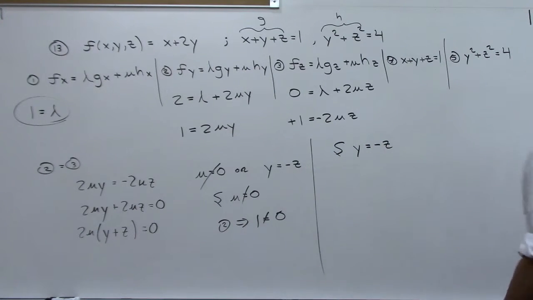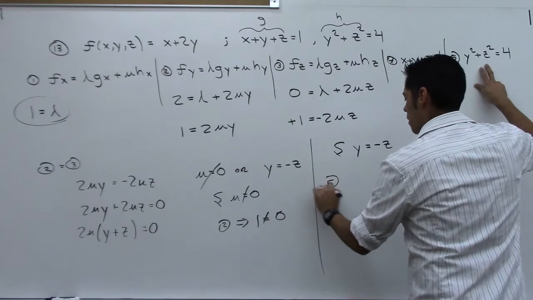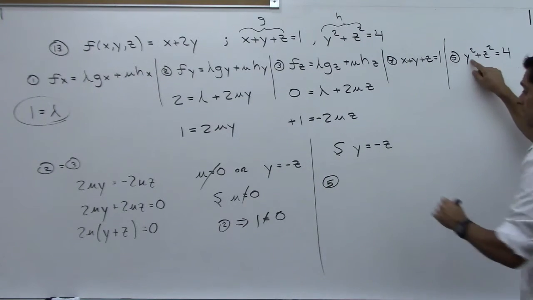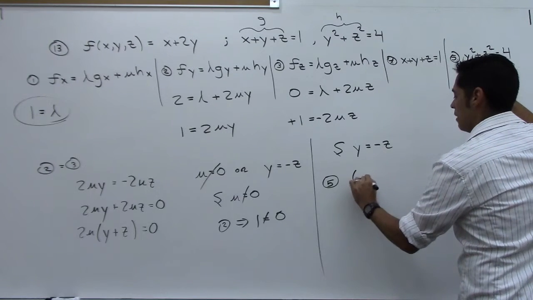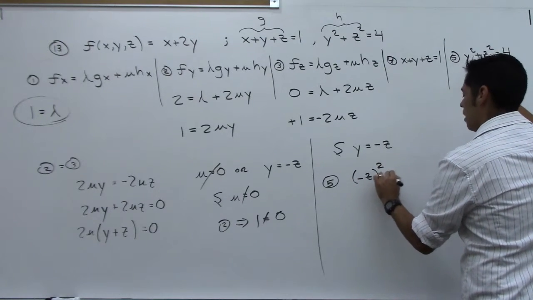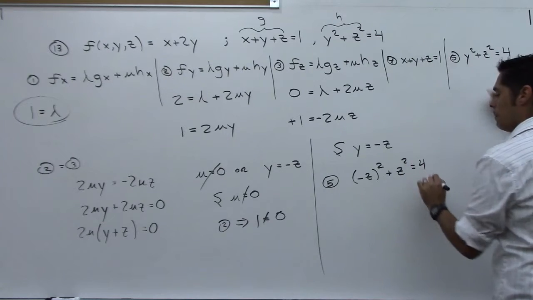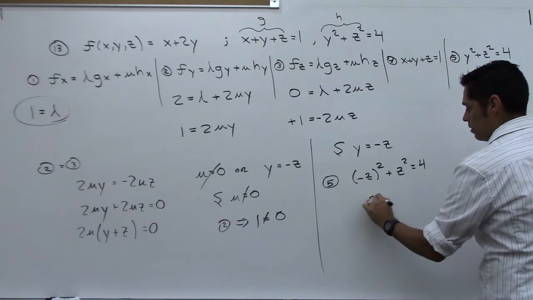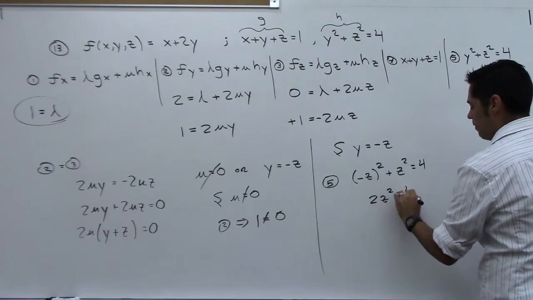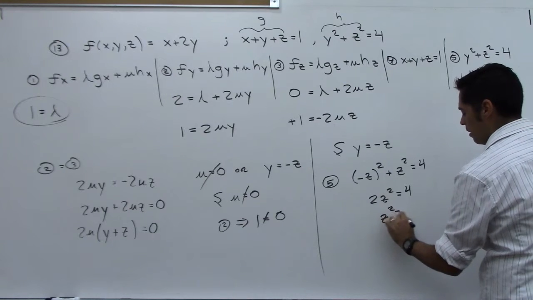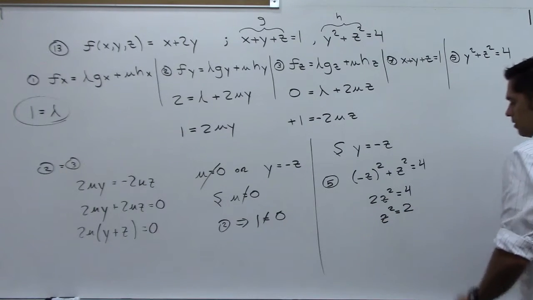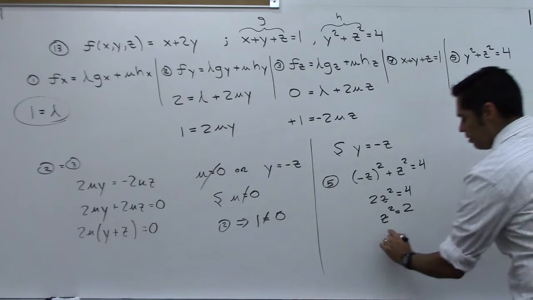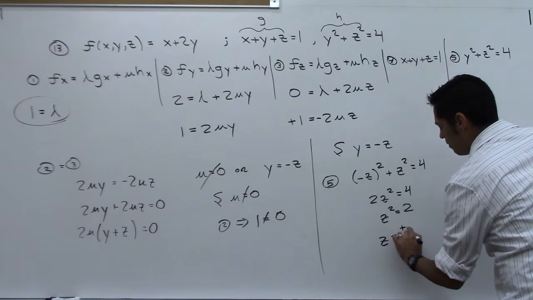Look at equation 5. If y is equal to negative z, I can go negative z squared plus z squared must equal 4. So that means we get 2z squared must equal 4, so z squared must equal 2, so z must equal plus or minus root 2.